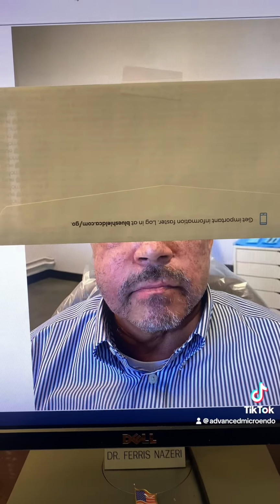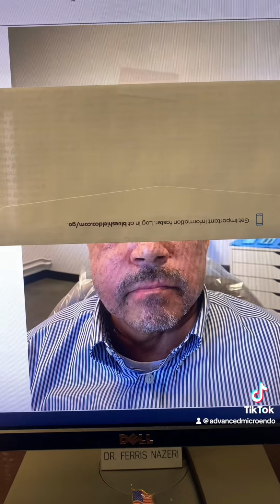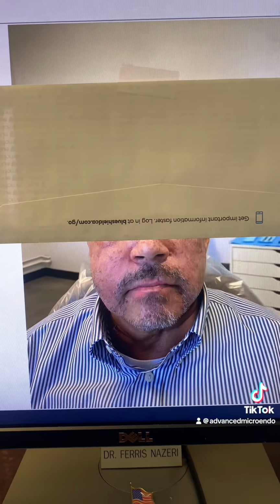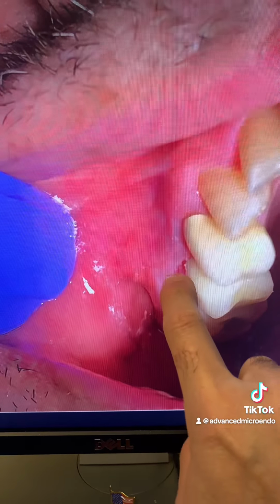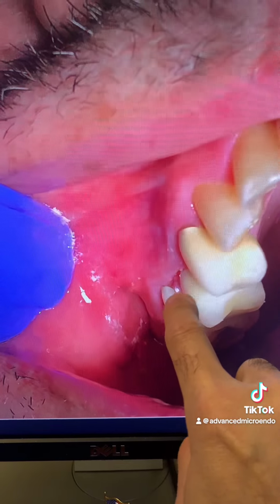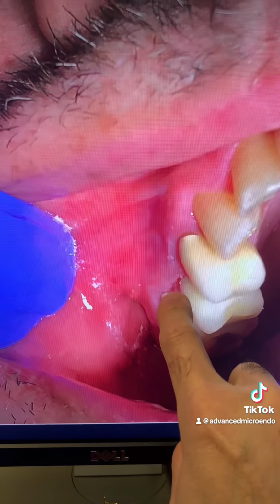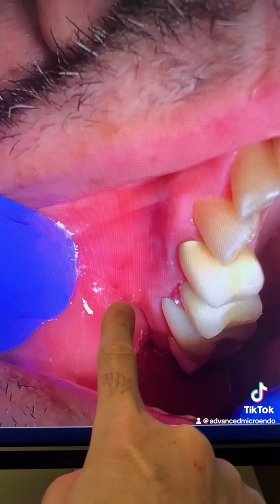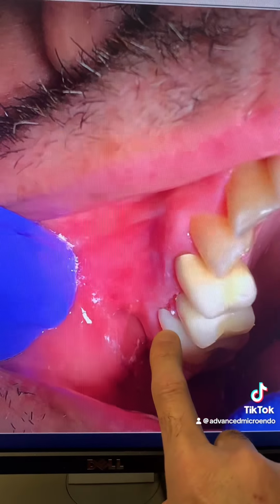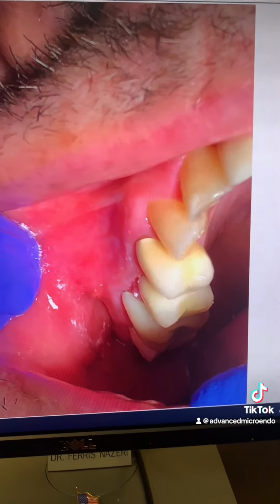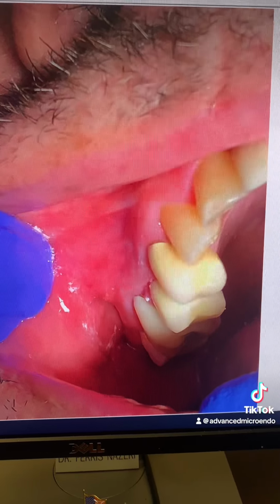Let me show you now the sinus tracts. So that's the tooth here. You can see there's a sinus tract here on the marginal gingiva, and there's another one up there, but no intraoral or extraoral swelling.